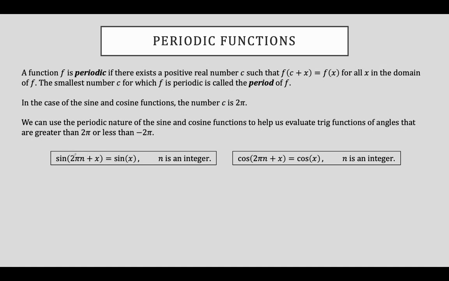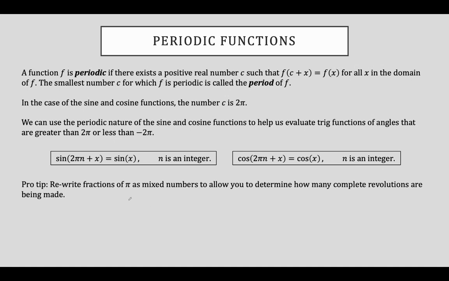And notice that again, a complete revolution will bring us back to where we started on the unit circle. Therefore, the sine of 2 pi n plus x is going to equal the sine of x. Same thing with cosine, right? This 2 pi n just refers to the number of complete revolutions plus whatever we are tacking on. Complete revolutions bring us exactly to our starting spot. Therefore, this entire quantity will be equal to the cosine of x itself.